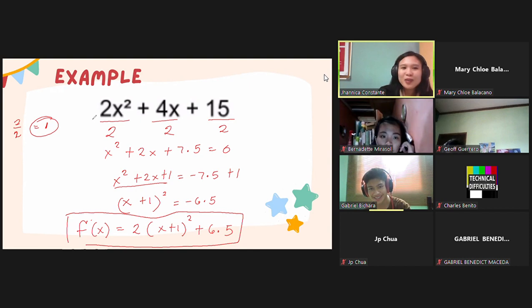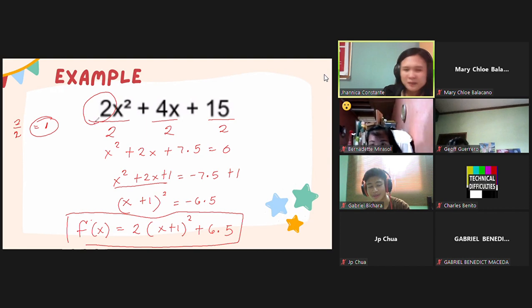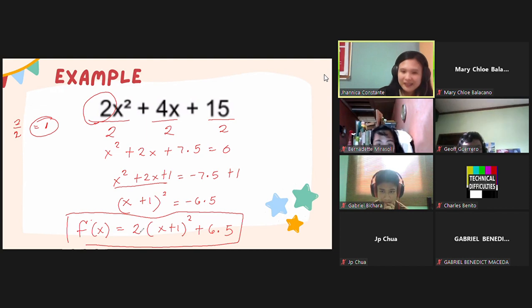The 2 came from the leading number, the one that you divide to each term. You always put the leading coefficient in the vertex form after you solve using completing the square. So you have 2 times x plus 1 squared plus 6.5 as the vertex form of our equation.